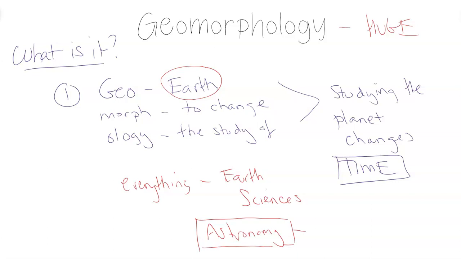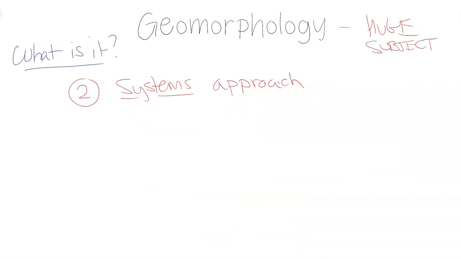However, everything else is. So we can take this very large subject of geomorphology and look at it in terms of a systems approach, or we look at it in the way of a system, a huge machine, a bunch of components, a variety or myriad of parts that all work together to create a system.